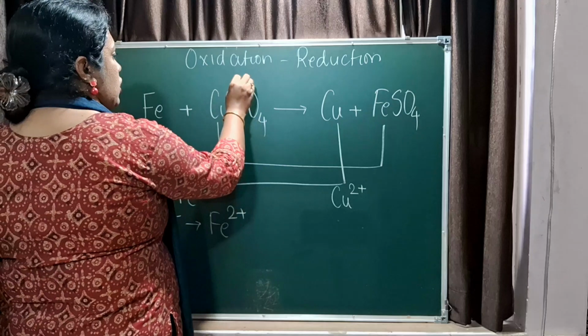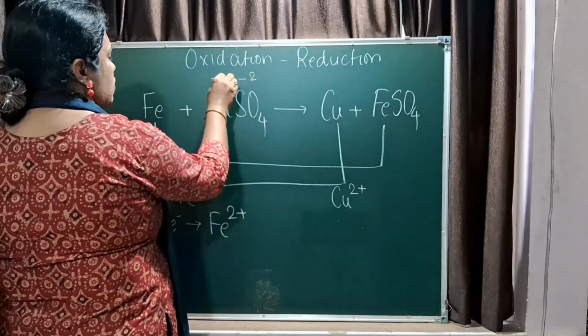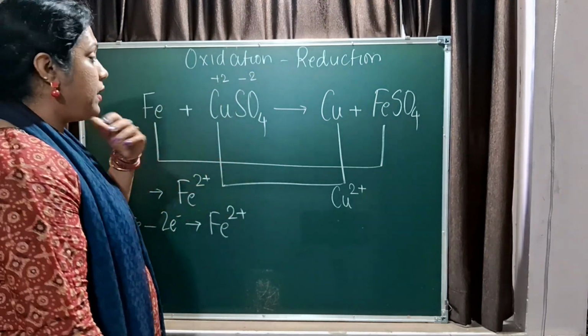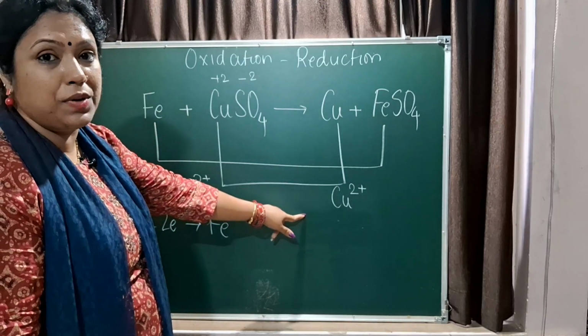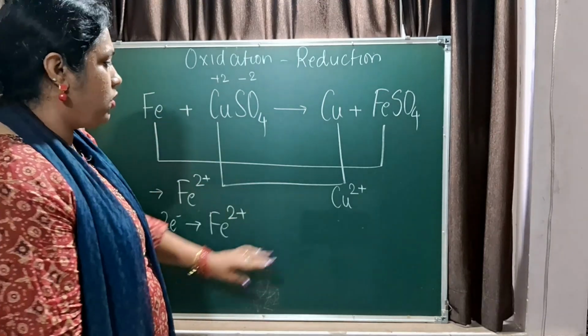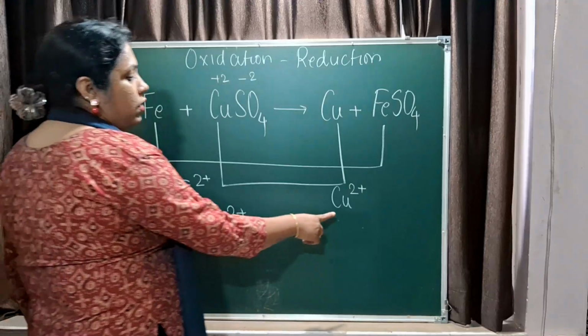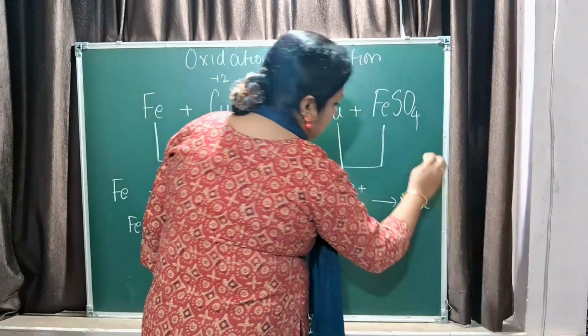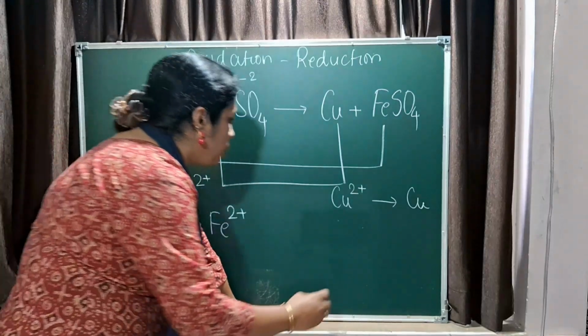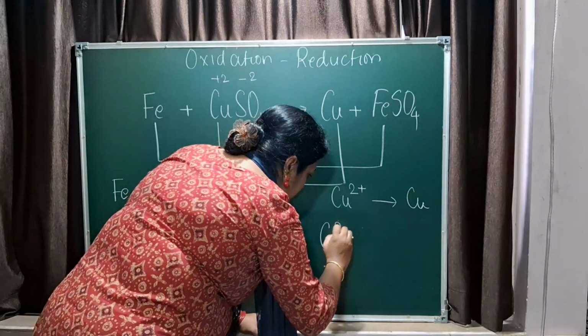Copper sulfate. So you have a -2 charge and a +2 charge, you know the charges of sulfate and copper. So copper is present in the form of cupric ion, copper 2+, right? Now here this ion is getting changed to a metal, correct? So what is happening? It's already positively charged.